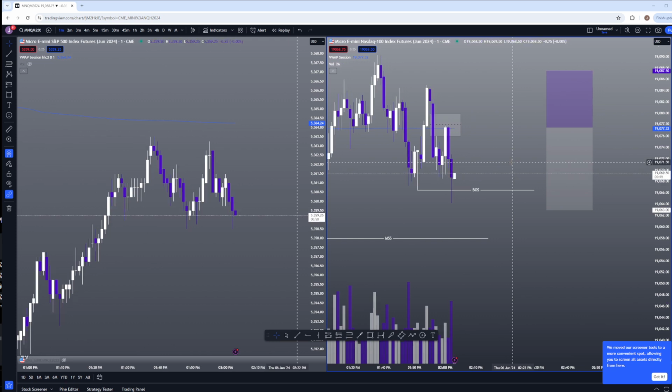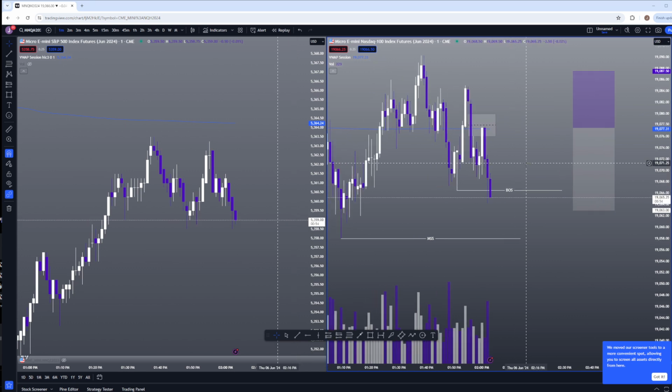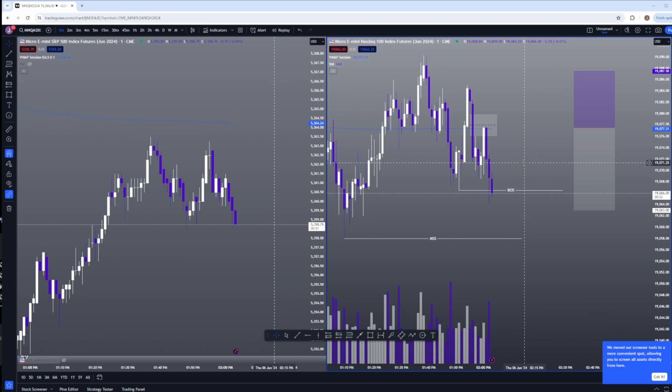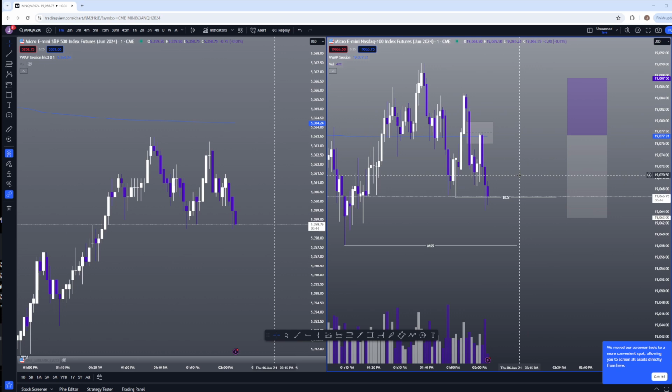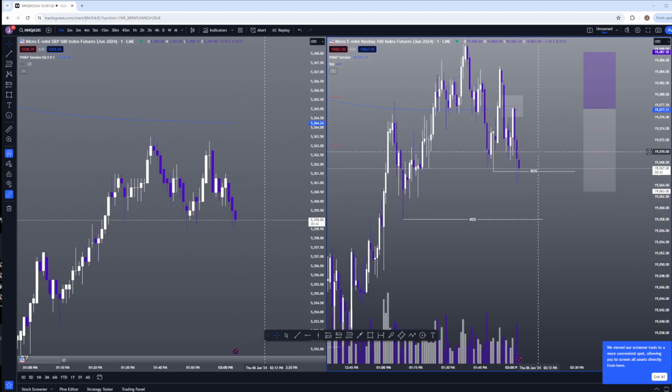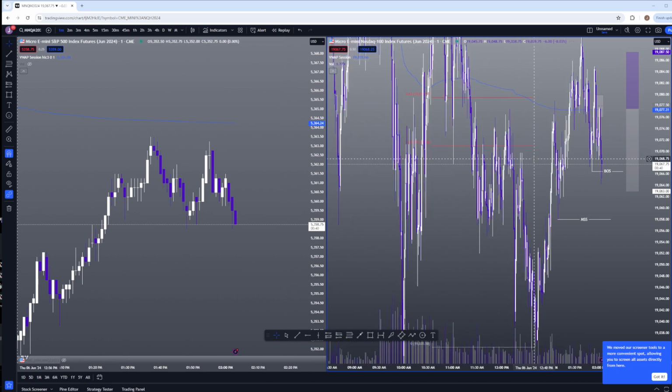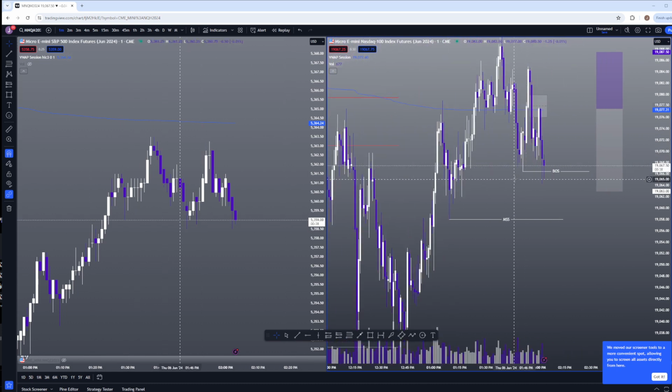So no displacement on that 1 minute candle. So we haven't gotten that break of structure yet. Back into a discount of that range.